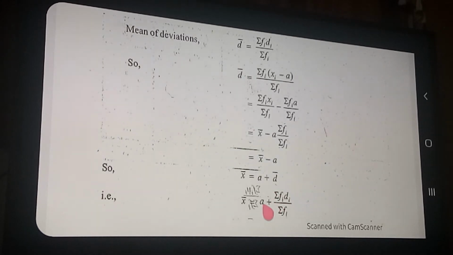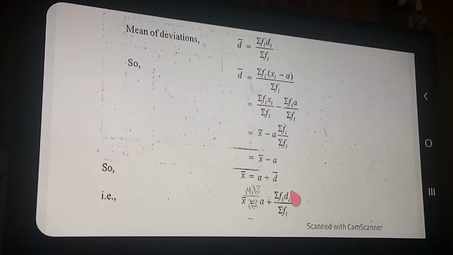So write a separate, fi di separate, and sigma fi. So what's the formula? X bar is equal to a plus sigma fi di by sigma fi. Here the derivation is not compulsory, even in the textbook it was there, so I only explained it.